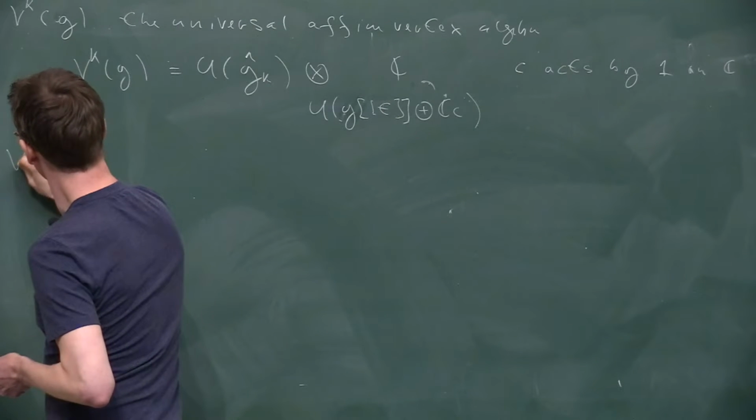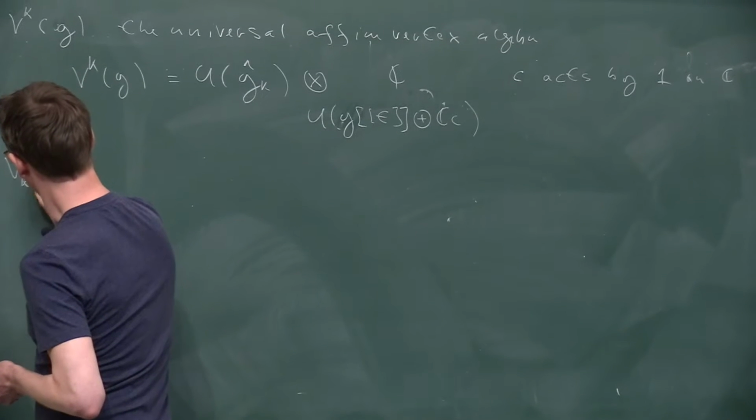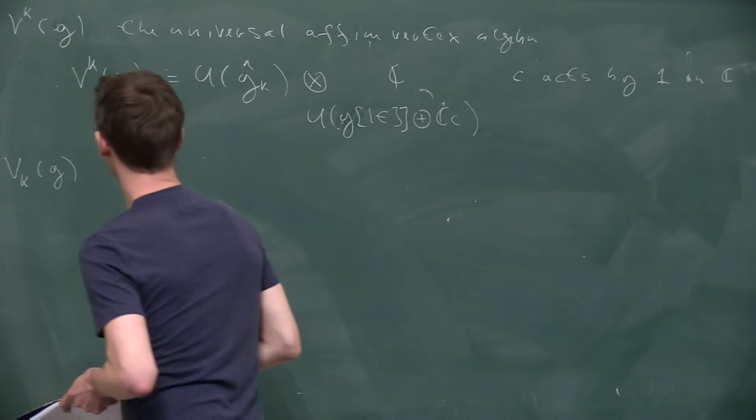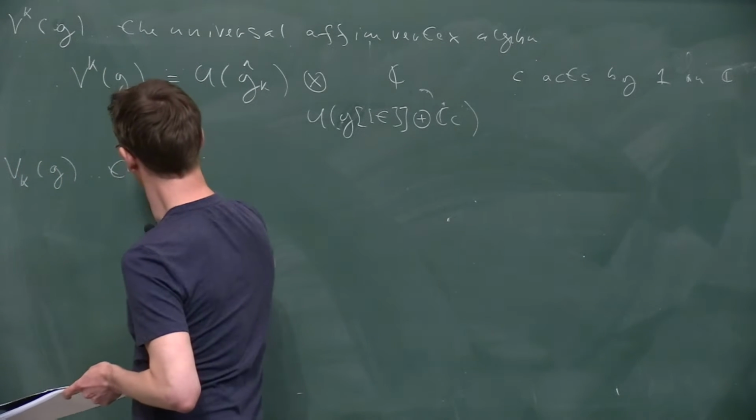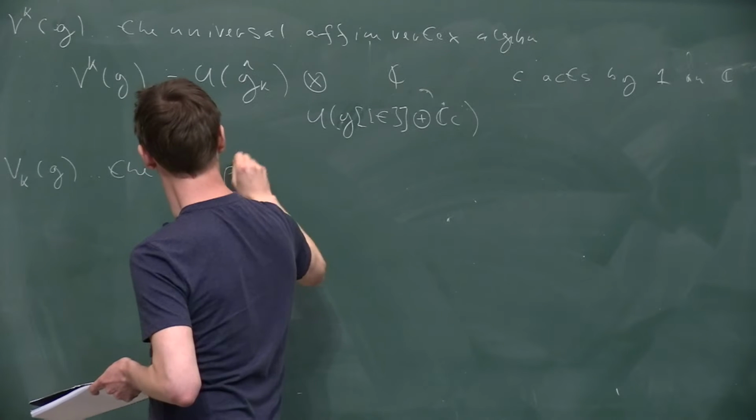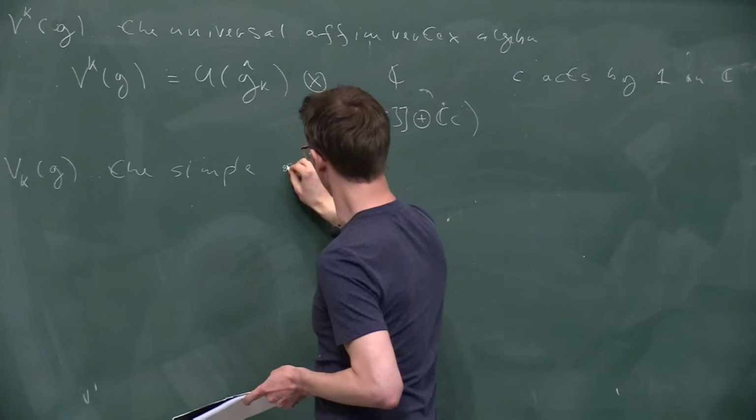Then I can also take the simple quotient, which will be the simple affine vertex algebra.